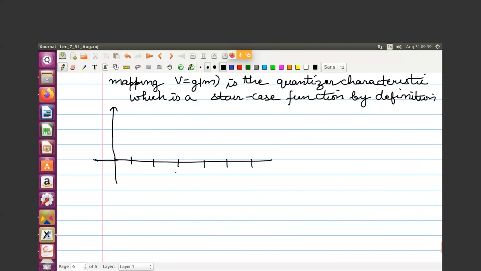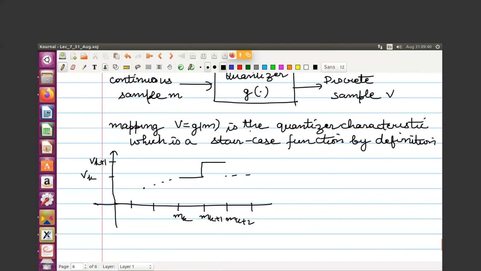Anything lying between m_k and m_{k+1} will be given a particular value, v of k. For m_{k+1} to m_{k+2}, I am assigning a value v of k plus 1. So this goes on both sides, and this is the staircase function. We will study it in depth in the next lecture.